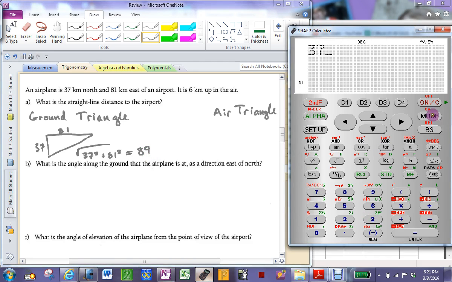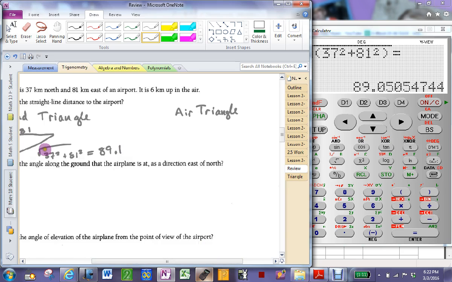Square root bracket 37 squared plus 81 squared, close brackets, equals 89.1.